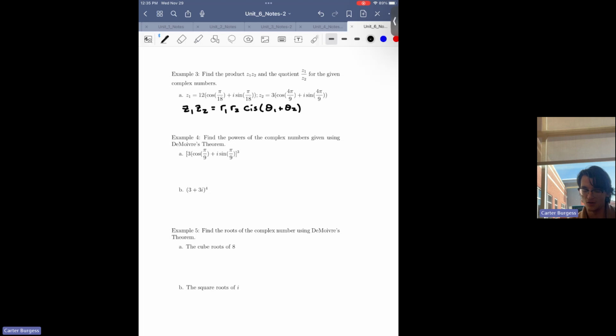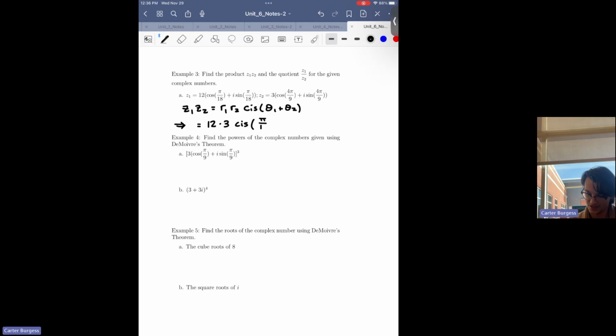What are our r values for our two complex numbers here? 12 and 3. So we'll do this in order. This is 12 times 3, CIS. And what are our values of theta?